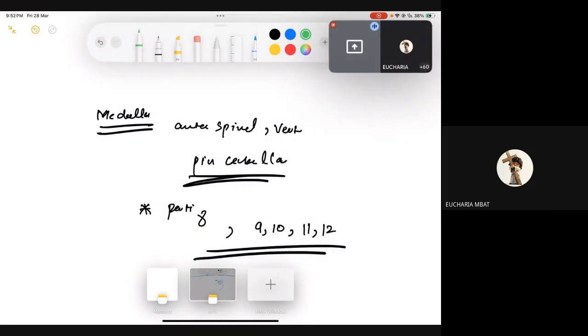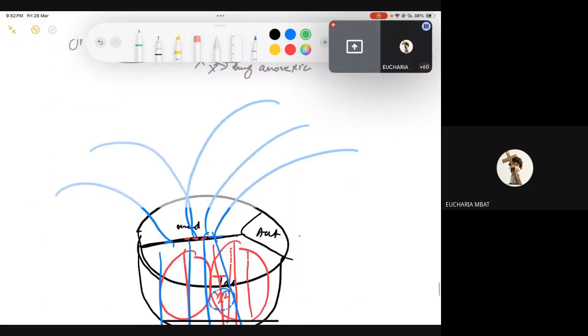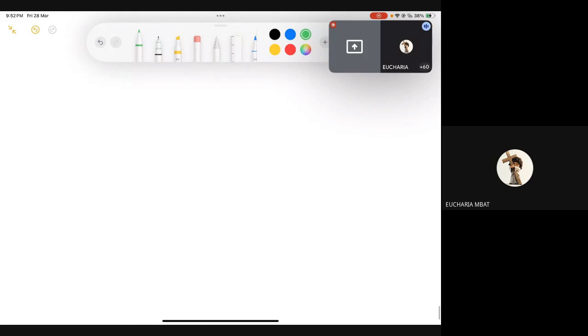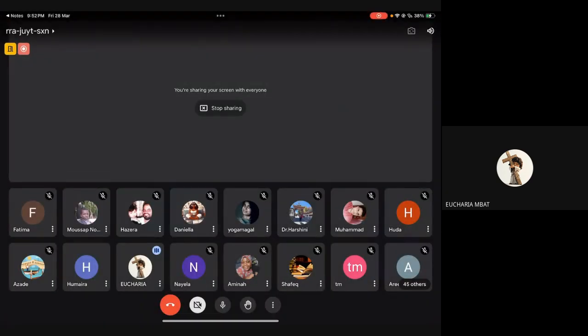Okay. So you're going to have the lateral ventricles, and then it's going to go through the interventricular foramen to the third ventricle. What's the name of the foramen? Foramen of Monro, I guess.